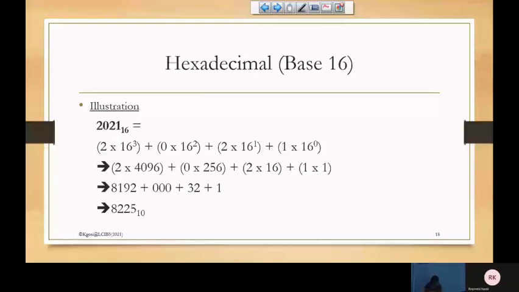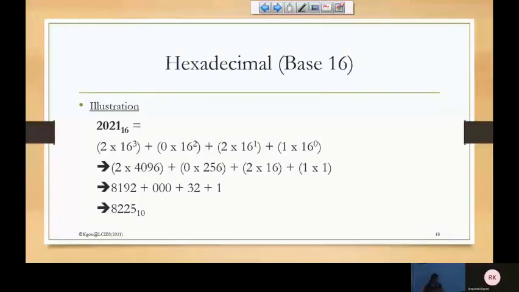We end up having 2 times 16 to the power 3 there, which is 4096, plus 0 times what we have there, which is 16 squared, 256, plus 2 times 16 to the power 1, which is 16, plus 1 times 16 to the power 0, which is 1.